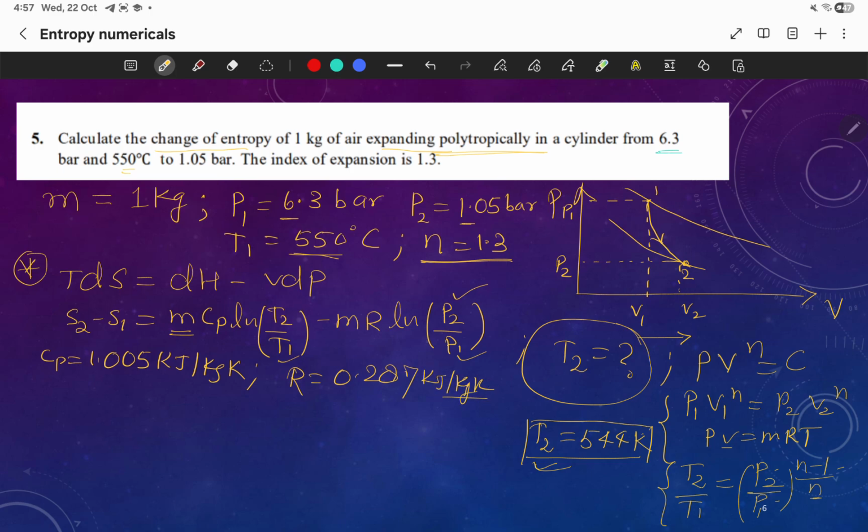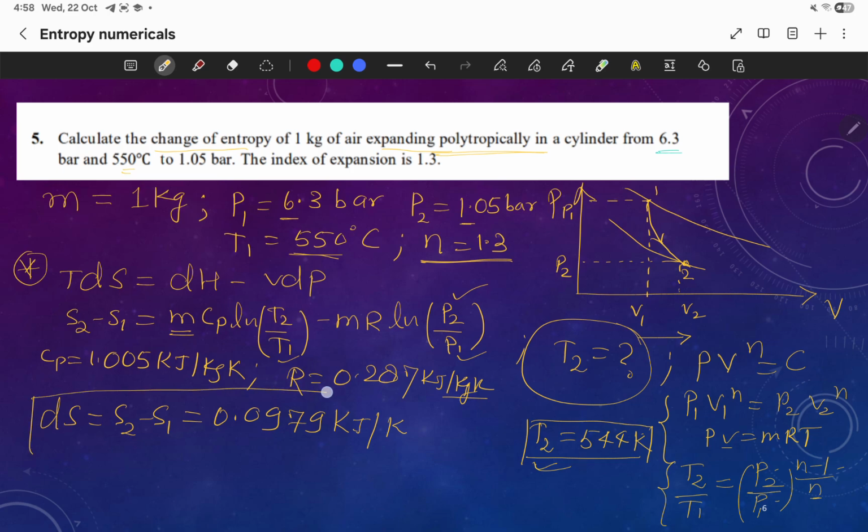Okay, so now put all the values inside this, and you will get the change in entropy, that is S2 minus S1, equals 0.0979 kilojoule per Kelvin.